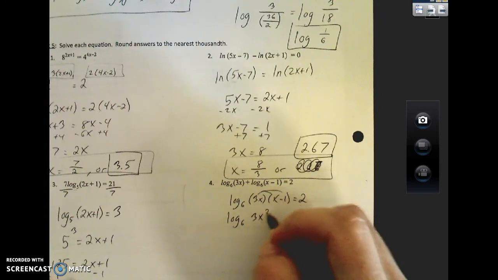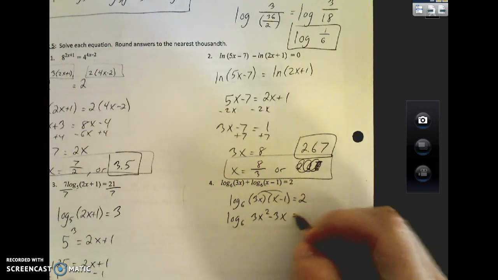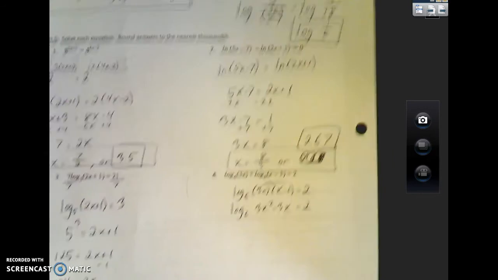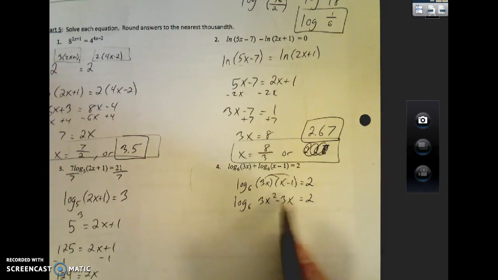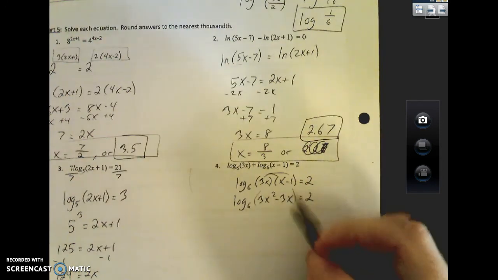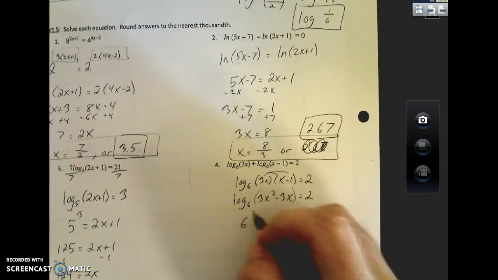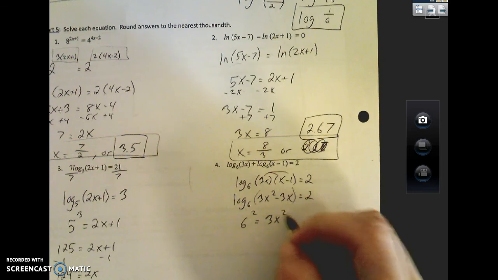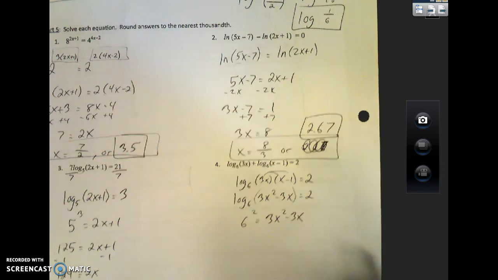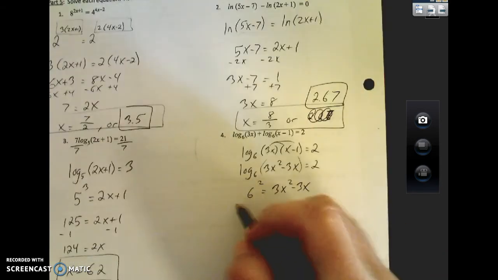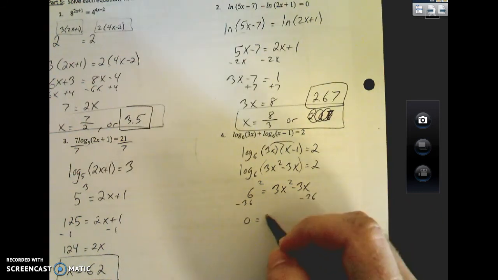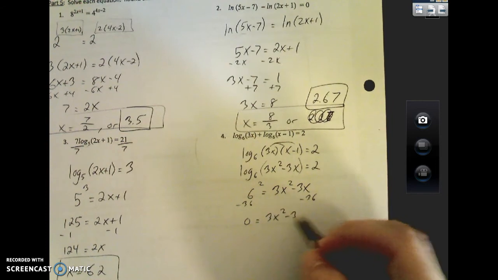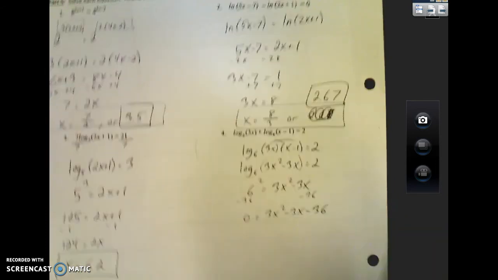I get 3x squared minus 3x equals 2. And you just rewrite it now. So I can do 6 raised to the second power equals this whole quantity right here. So 6 squared equals 3x squared minus 3x. 6 squared gives me 36. So 0 equals 3x squared minus 3x minus 36.